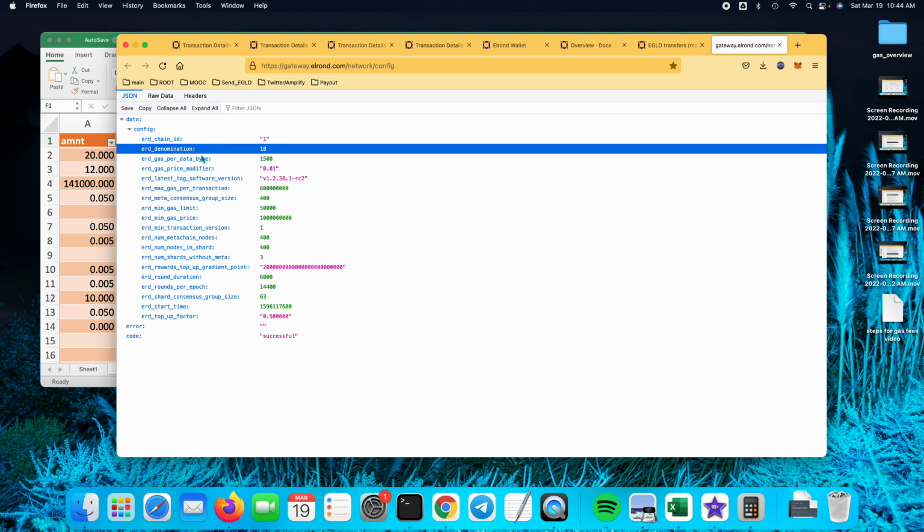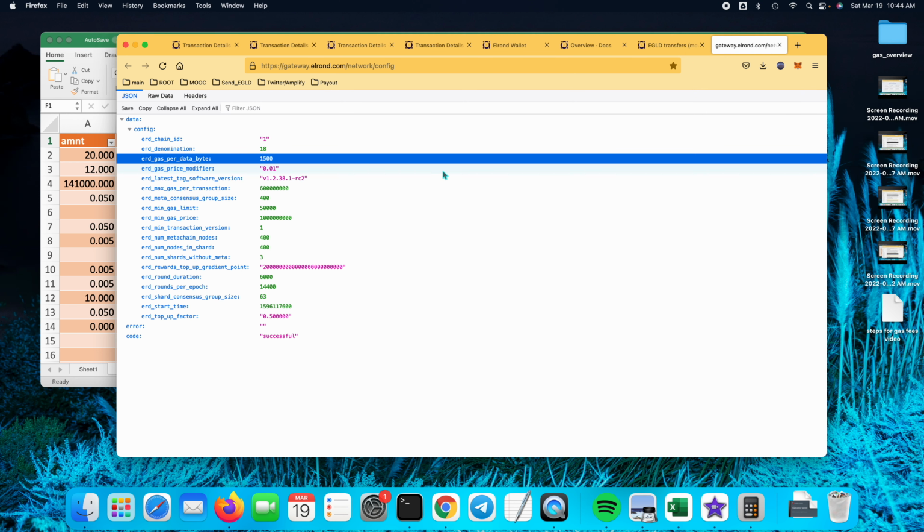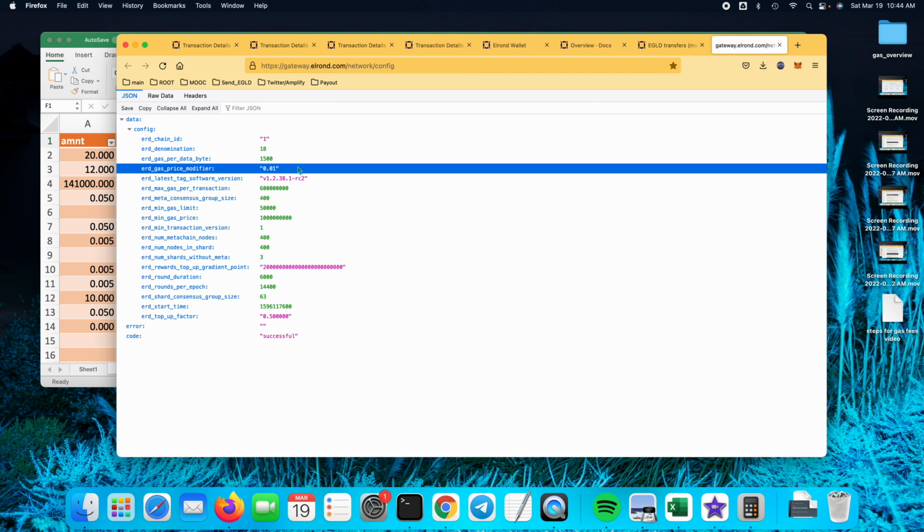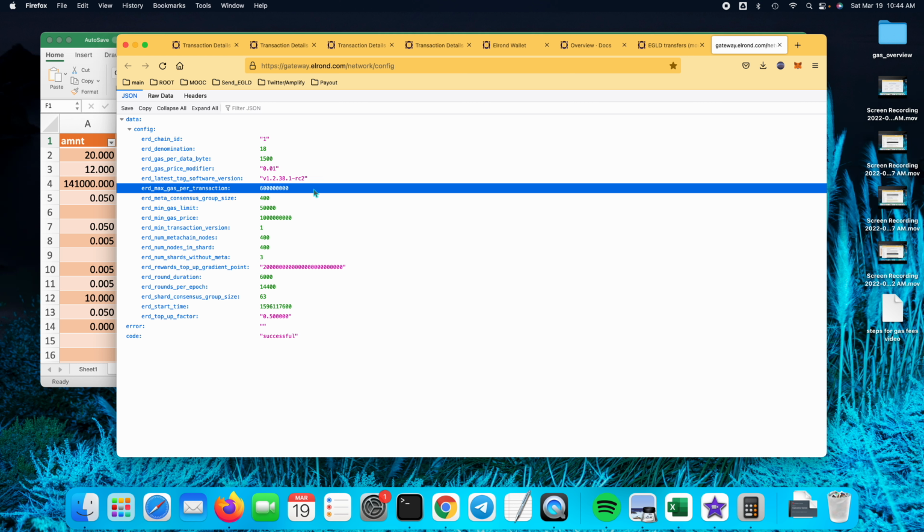So that's your denomination. Next is your gas per byte. Remember, that is not in atoms, that is in gas units. The gas price modifier, as we described, should be multiplied for the execution of smart contracts. Then the max gas price. This is the maximum amount of gas units you can provide for a transaction.